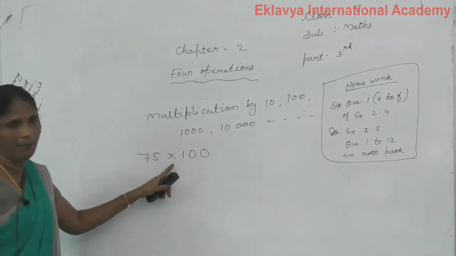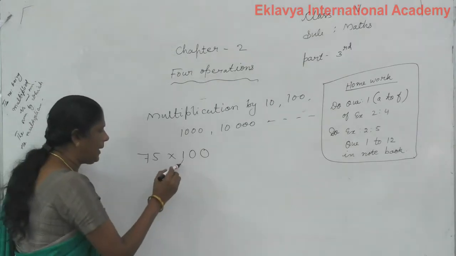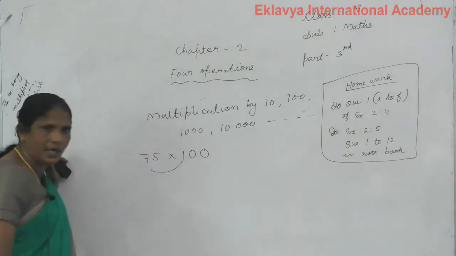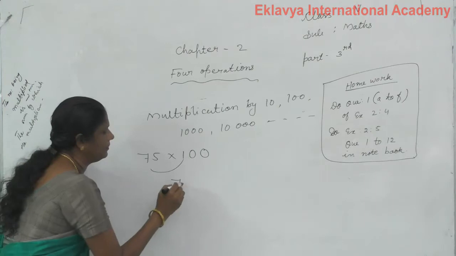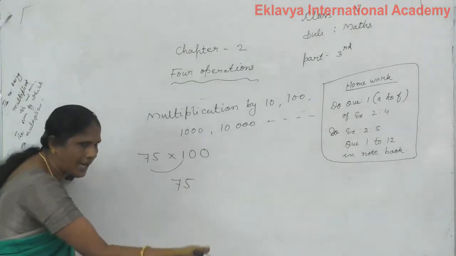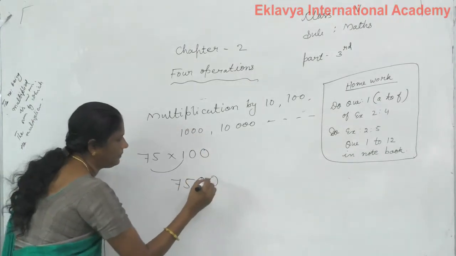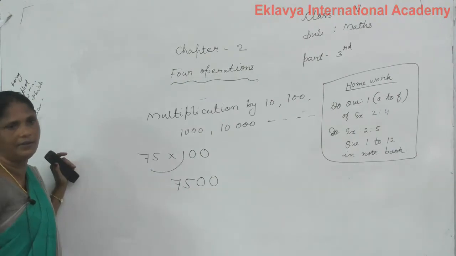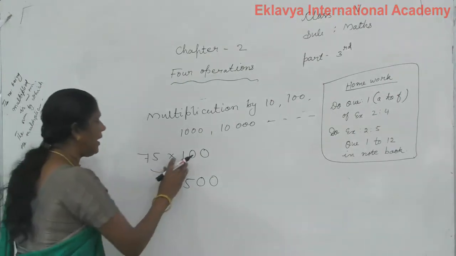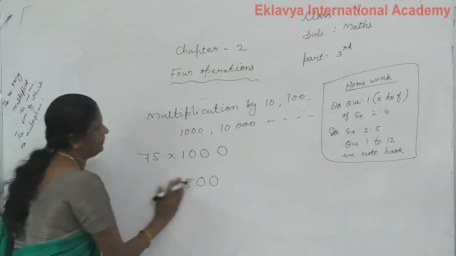Again we multiply by 100. 75 multiply by 100. First you multiply 75 by 1, 75. How many zeros put? 2 zeros, on the right hand side of this number. Understand? Next, 75 multiply by 1000.